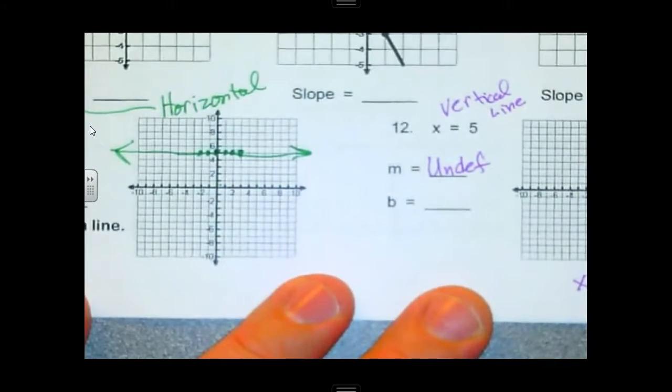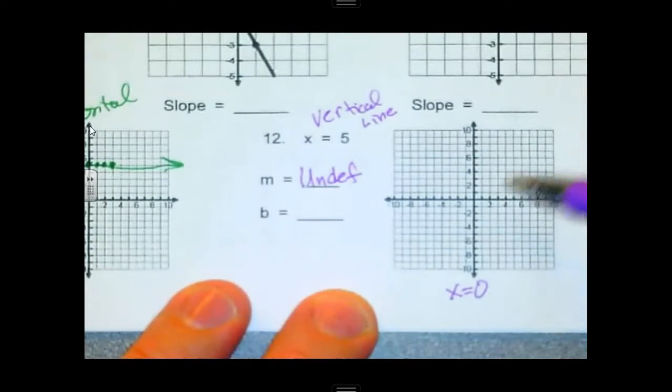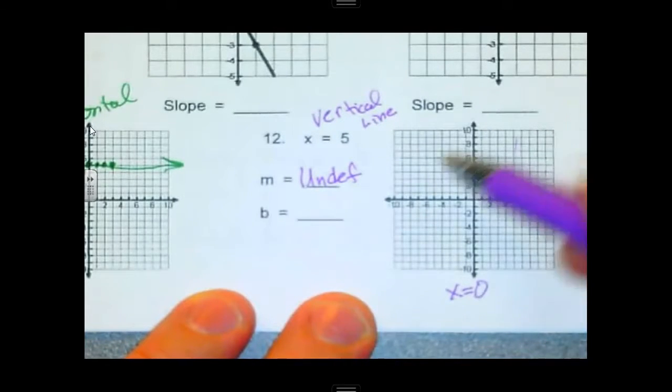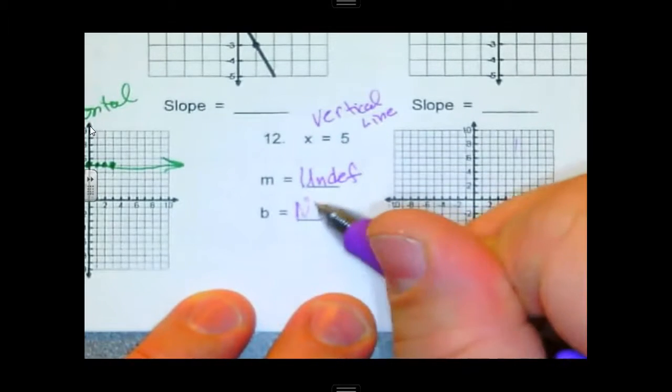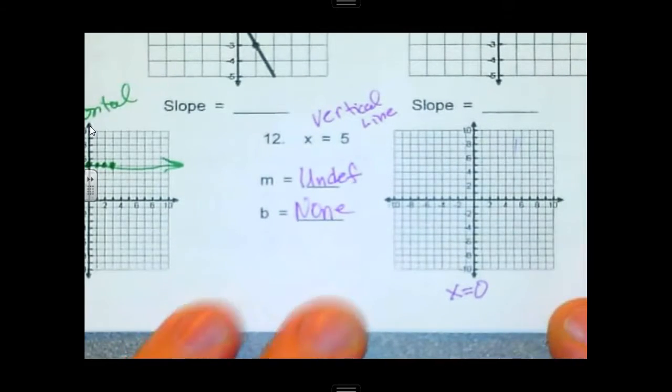The equation of the y-axis is x equals 0. Any other vertical line is not going to cross my y-axis. So for x equals 5, there's no y-intercept.